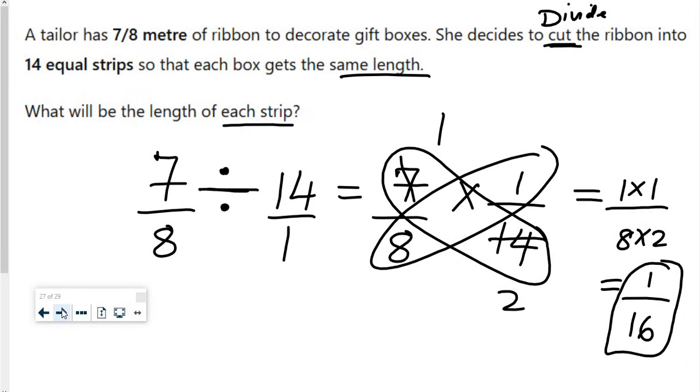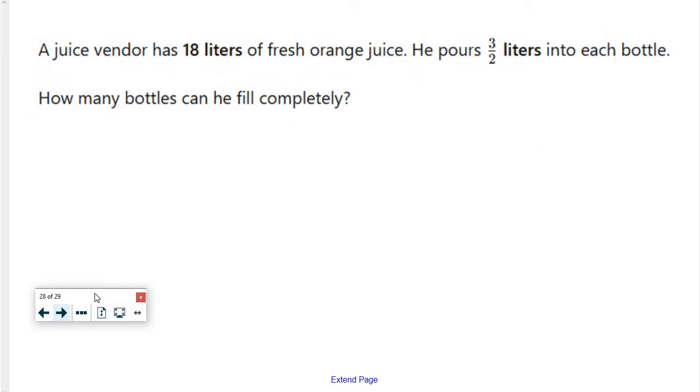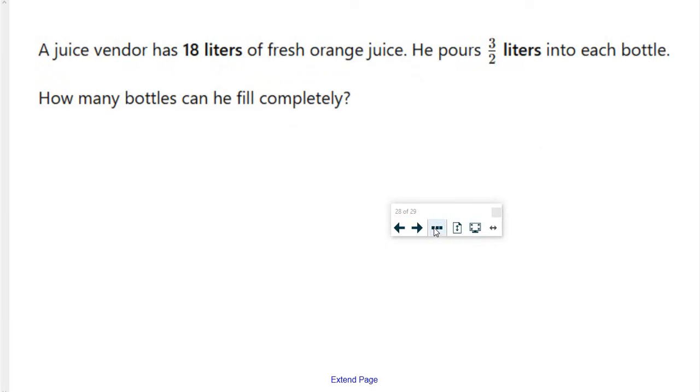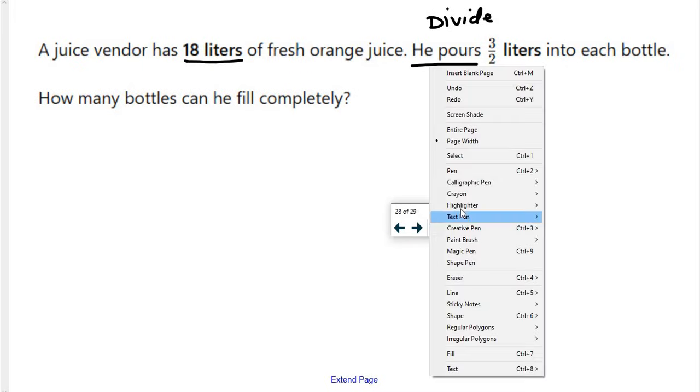Alright, the next question. A vendor has 18 liters of fresh orange juice. He pours, that means the vendor is dividing 3 upon 2 liters into each bottle.